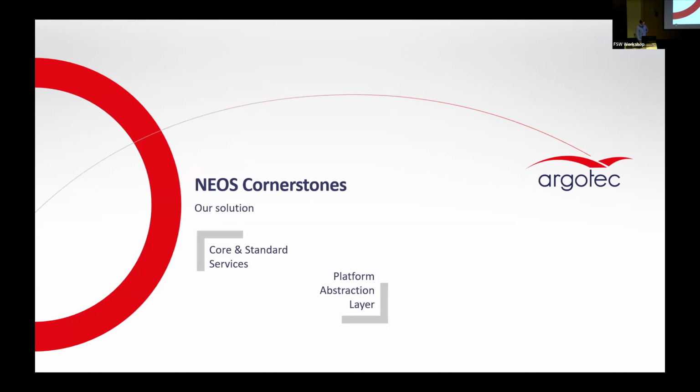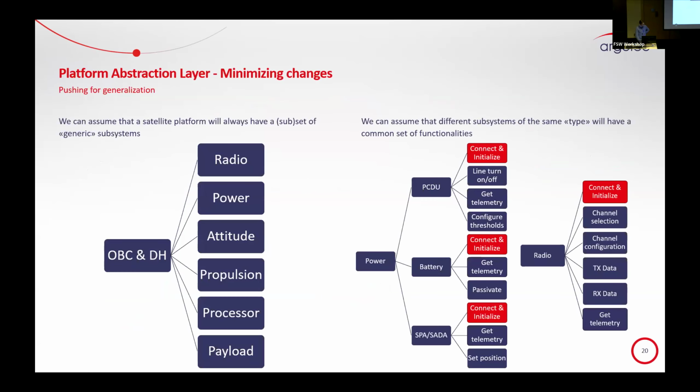So we worked on these two main cornerstones: one that is about services and one that is the platform abstraction layer. Let's start with that. Basically what we thought about was that every one of our satellites has some basic components.